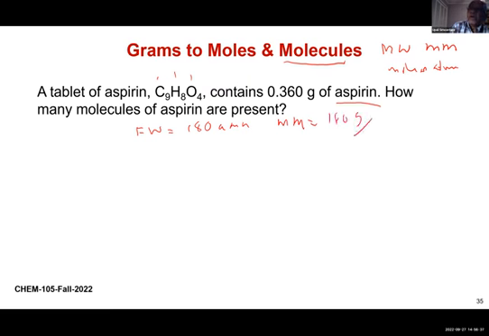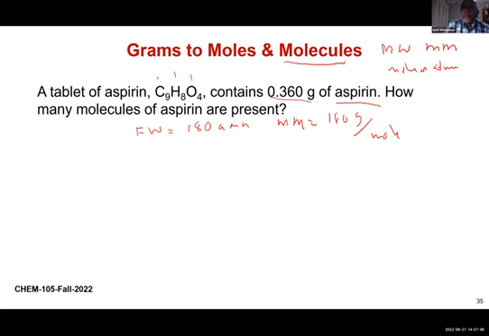Molar mass is grams per 1 mole. We normally don't write the 1 here. So what is the question?